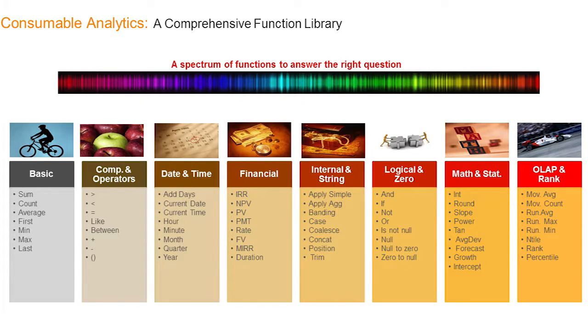On the screen, what you're seeing is a whole series of analytic methods that can be applied to answer questions. So for example, you have the basic ones, sums and counts. You have things like financials, where it can look at net present value and all of the value. What I would call the ranking and the OLAP functions, these are doing min, max, ranking in quartiles and percentiles, really just to center performance and benchmark how things are heading.